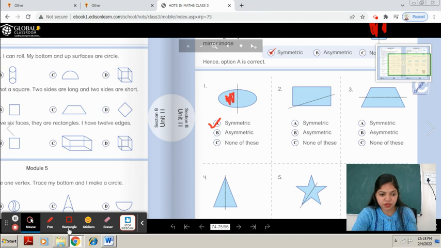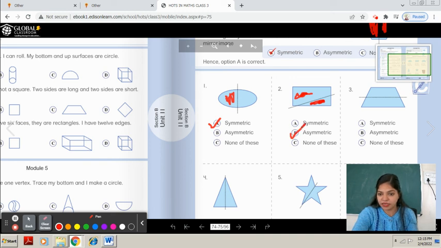You can see students, this portion does not completely cover this portion, right? So it is the example of asymmetric. Okay students, so we will tick on B.